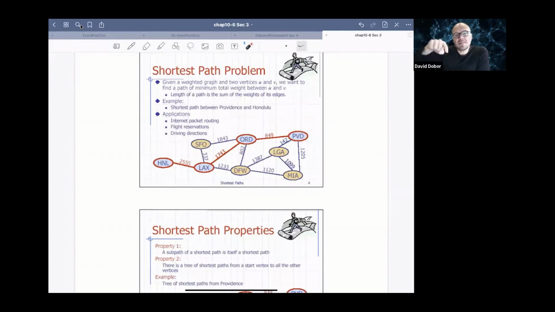Then those edges sometimes can be negative, and the shortest path may represent a sequence of trades in which you earn some profit or lose money. So the applications of these graphs are endless. And today we're talking about applications where the edges have non-negative costs.